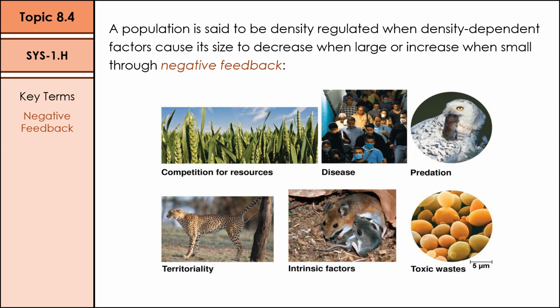But all of these changes, these fluctuations, these are pulling us back down into that set point, that carrying capacity, in our case, of ecology. We'll have a few different examples of negative feedback pop up later on in the year, but this is a good one as far as ecology goes.